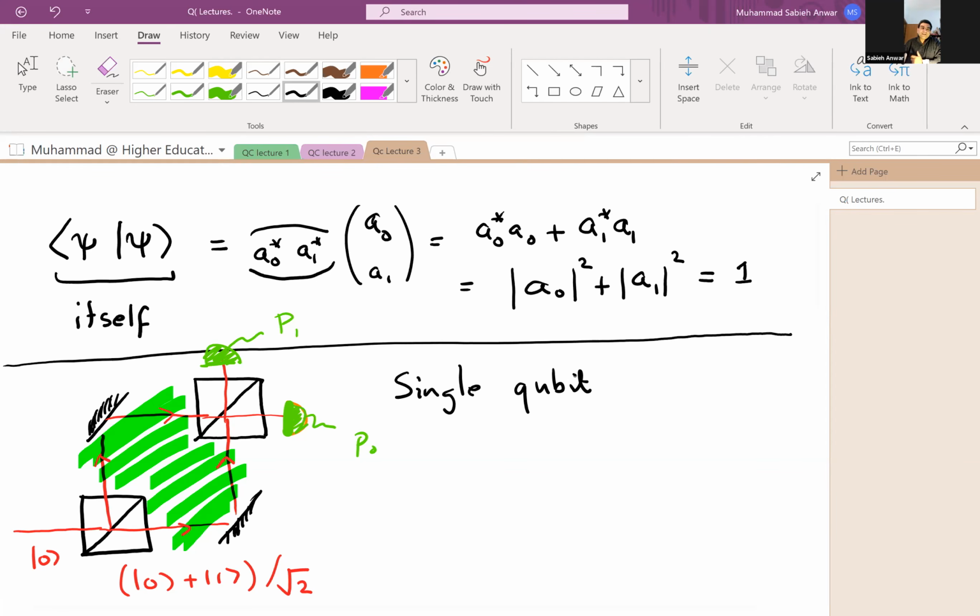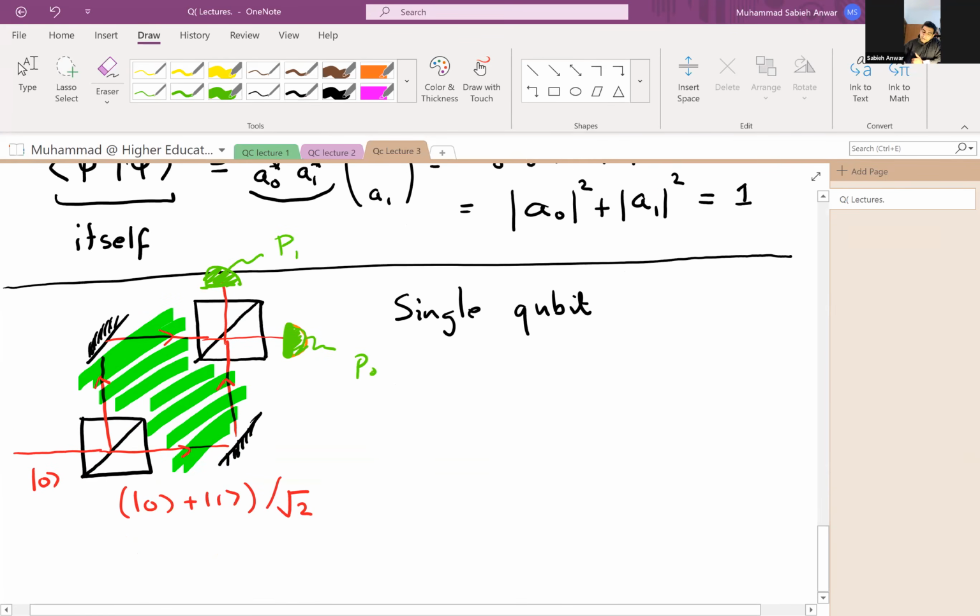But you can't say if it's fair or balanced by just looking at one outcome. You have to perform the experiment a large number of times. That's why, in order to build up probabilities or statistics, you need an ensemble of photons. But still the concept is valid for a single photon. So here we're talking about a single qubit quantum computer.